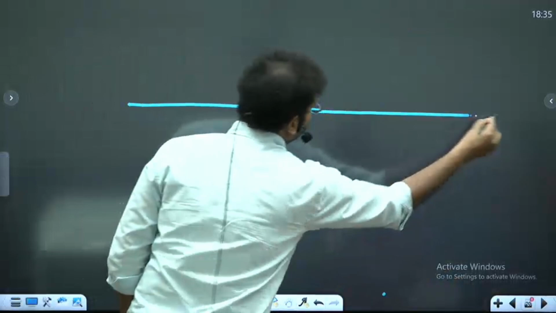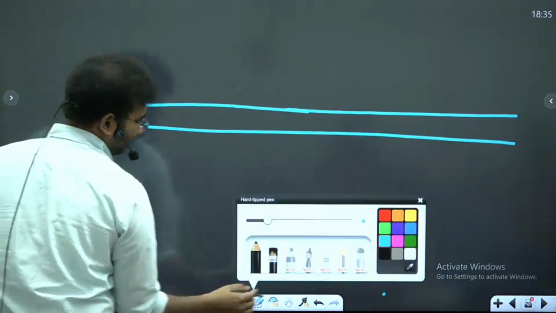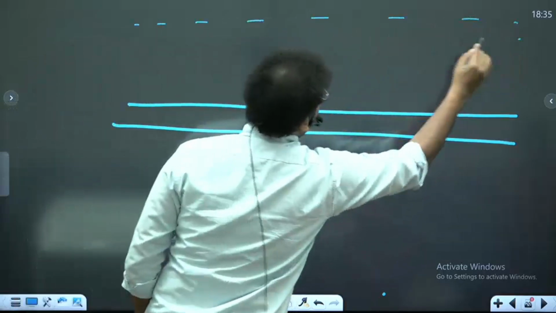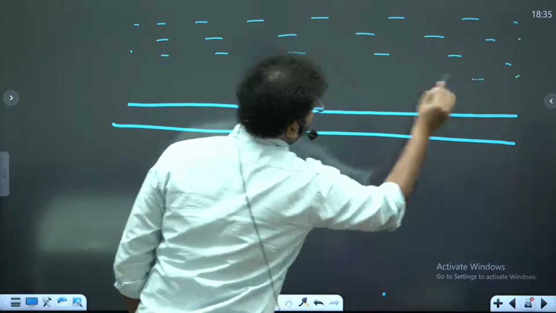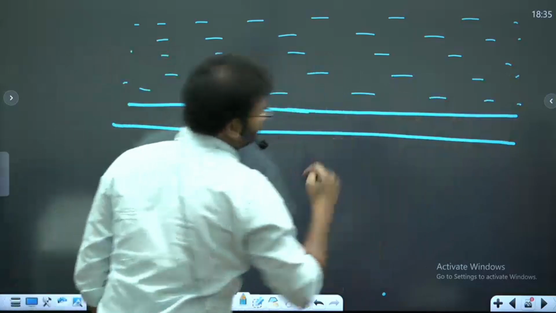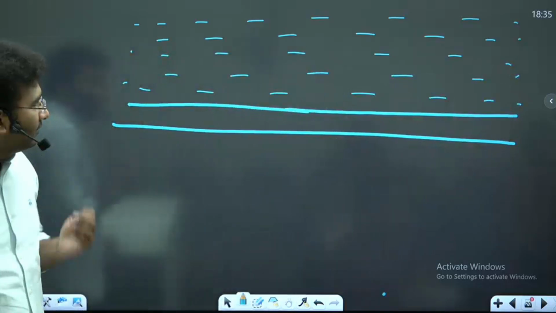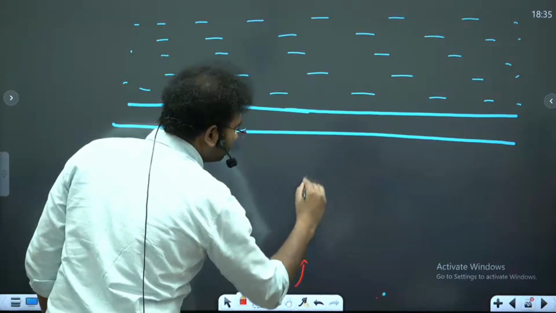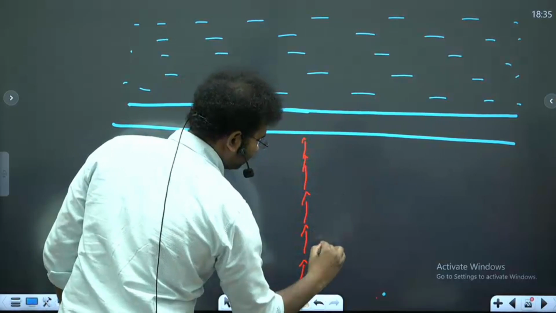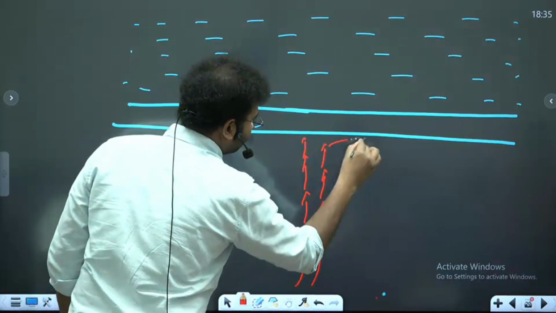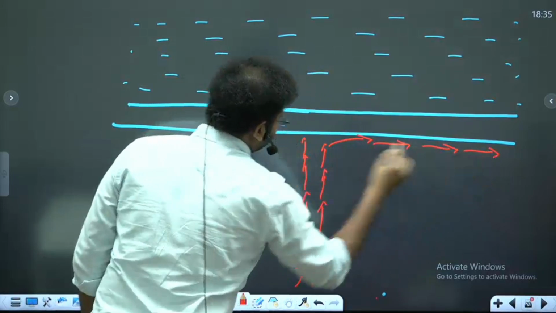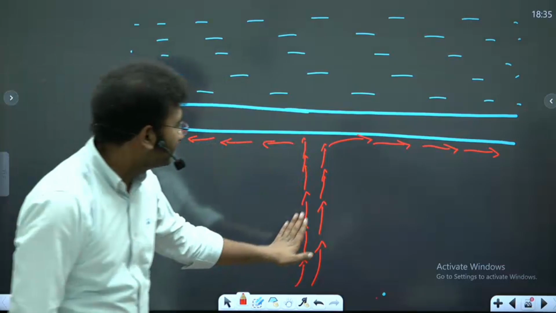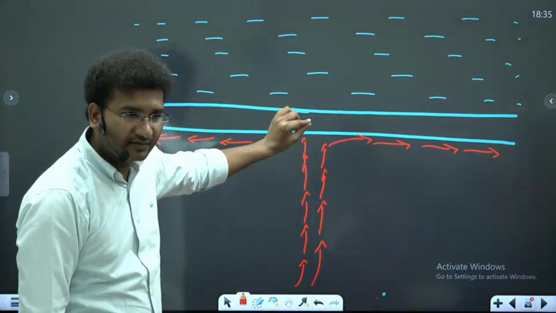So imagine there is a big oceanic plate, and this oceanic plate has water above it. Right? You got to see a rising limb. Now when this rising limb, don't you think it will puncture here?